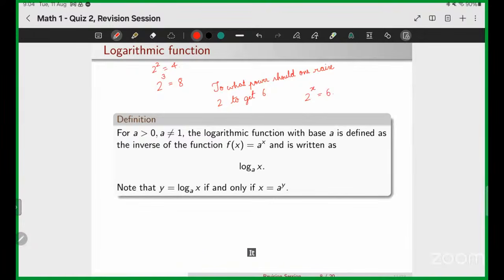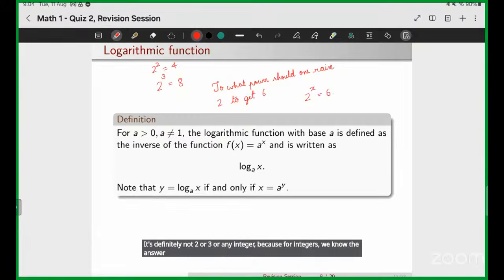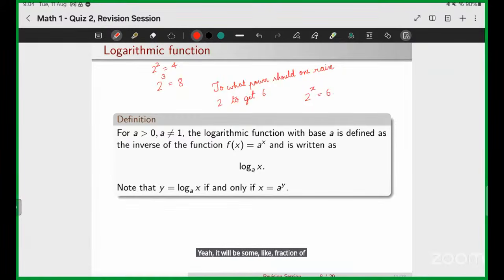It's definitely not 2 or 3 or any integer, because for integers we know the answer. It will be something in between 2 and 3. That is intuitively clear.